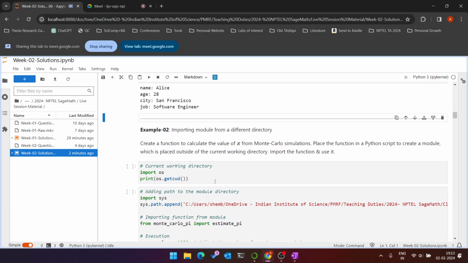Okay, another remark professor mentioned in passing was that we could create a module in, say, a different directory. Suppose you are running a project where you have to create separate modules for different parts of the project, and at the end you want to import some specific function from a particular module in a different directory.